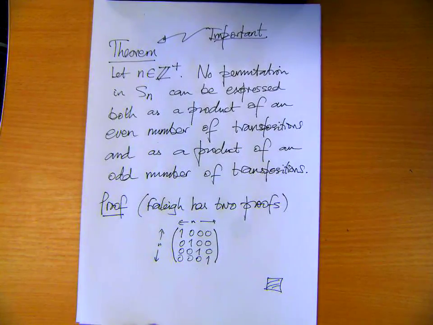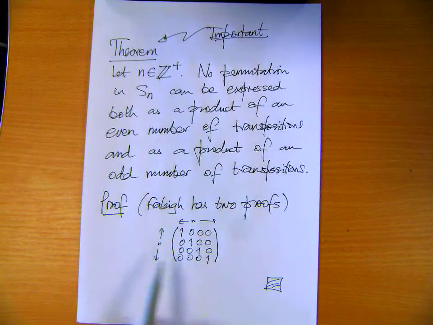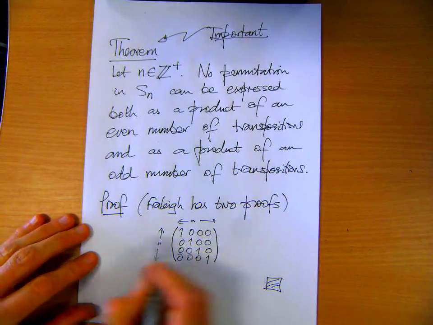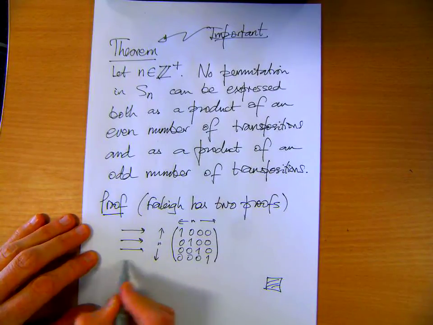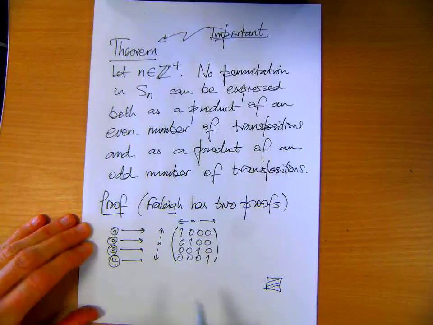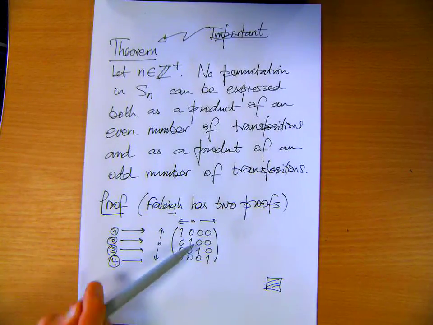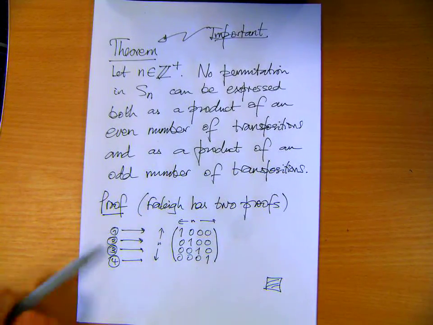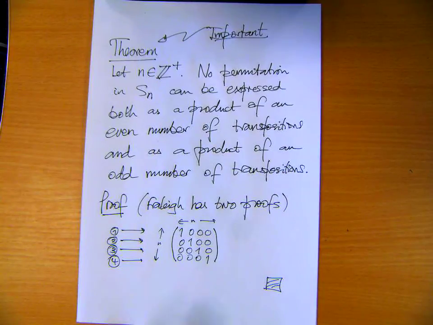So there's the identity matrix. That's actually for n equals 4, but I could do this for any value of n. And suppose I think of the rows as the things on which my permutations are acting. So this is an n by n matrix, in this case n equals 4, so there are 4 rows. So I'm going to permute the rows. Okay? So any permutation will permute the rows, and then I'll get some new matrix.